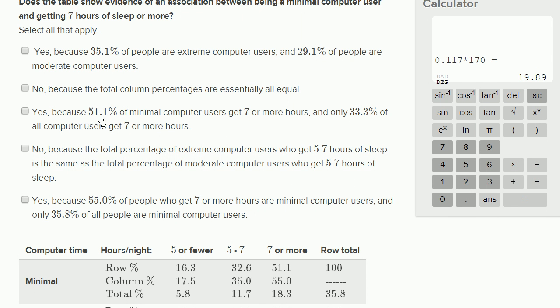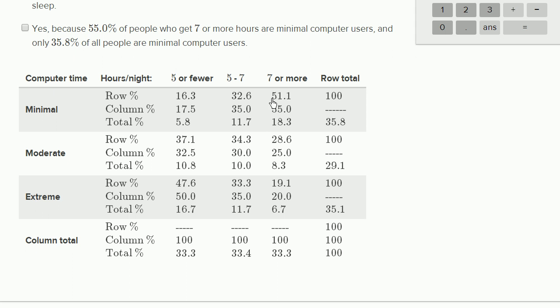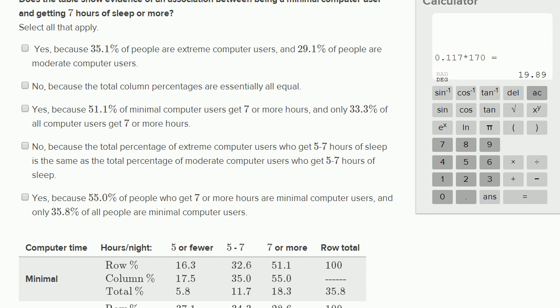Yes, because 51% of minimal computer users get 7 or more hours of sleep, and only 33% of all computer users get 7 or more hours. Yeah, that seems pretty good. So that looks like a pretty good explanation, so I'll check that.